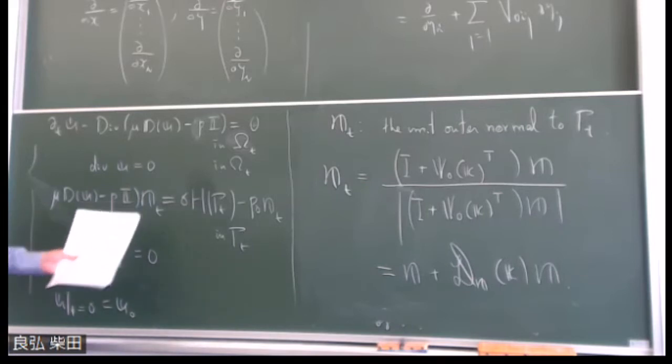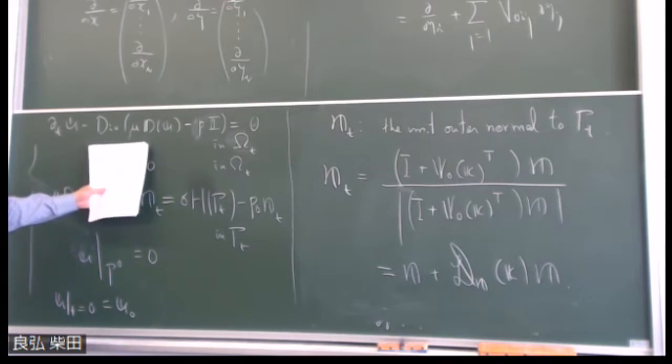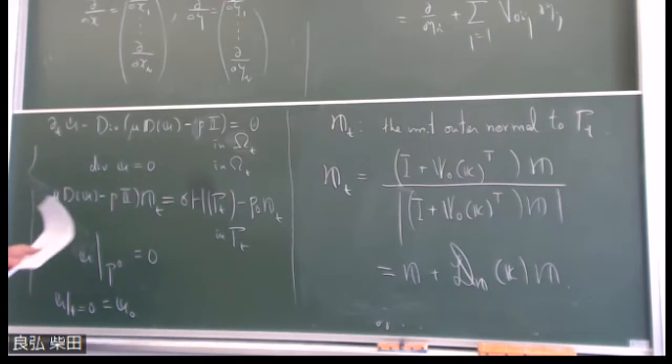For example, we know the existence of weak solutions to the Navier-Stokes equation. This was proved in 1930 by Professor Leray, and then Professor Hopf, German.